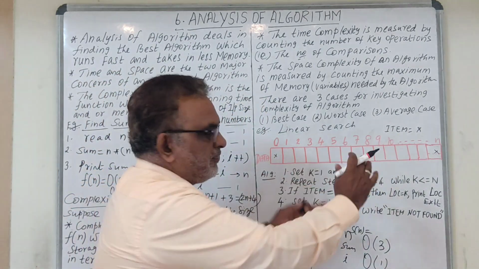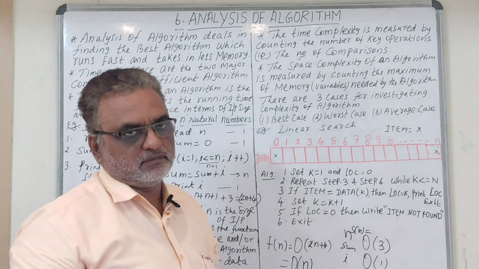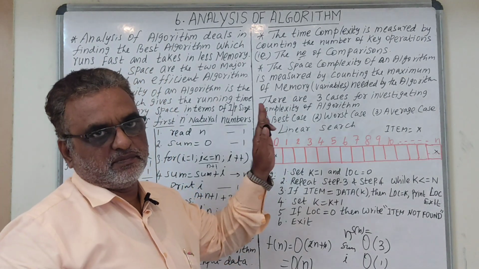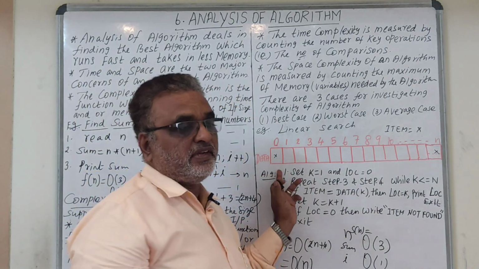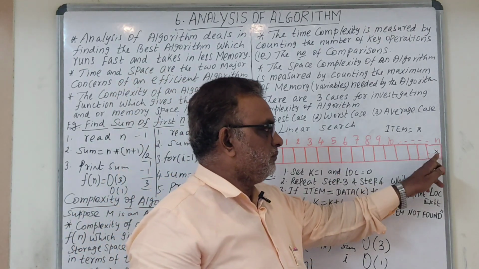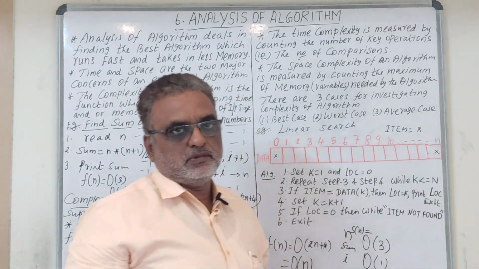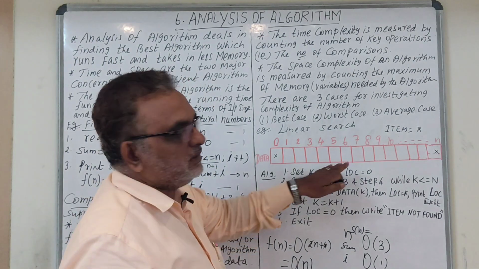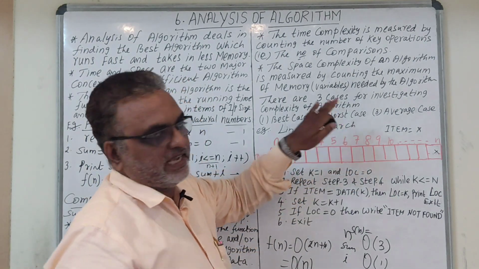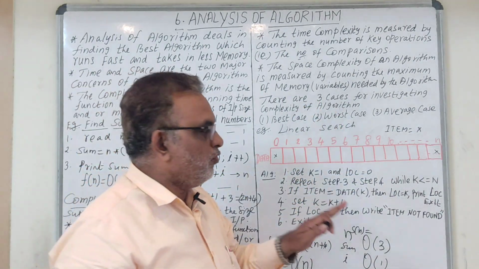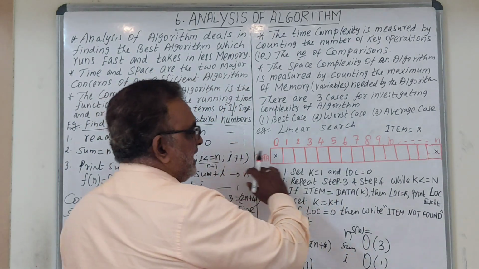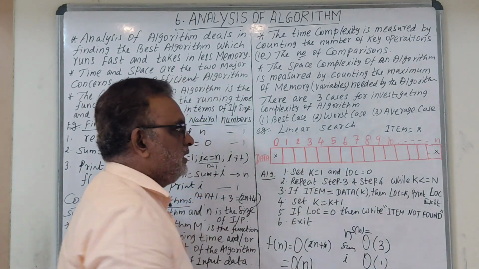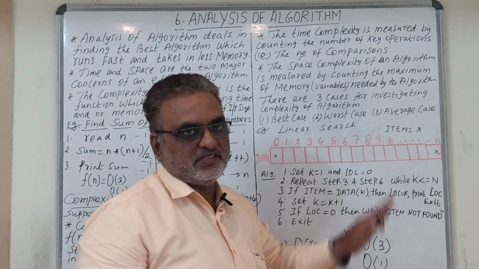So no need to perform any search further. That is the best case. If the required data item is available at last, the nth element, that is called the worst case. If the data item is available anywhere in between, that is called the average case.